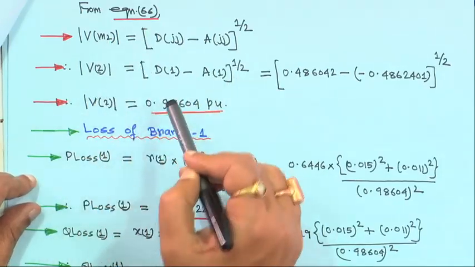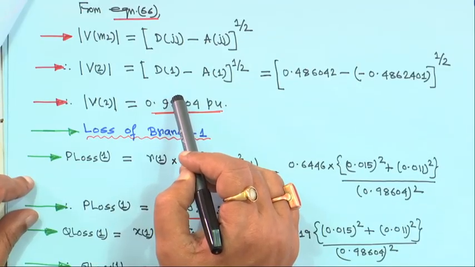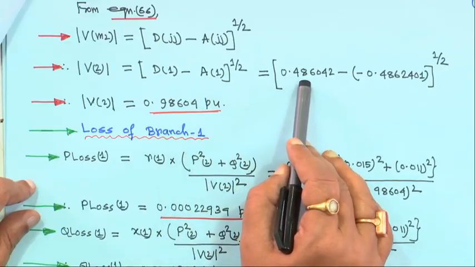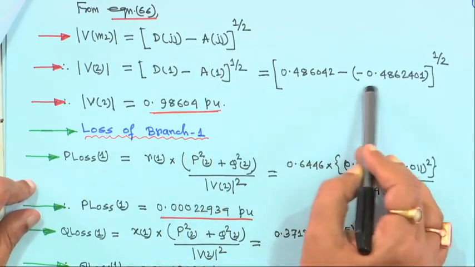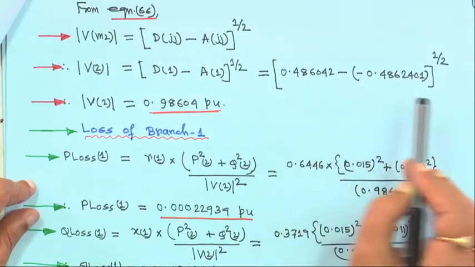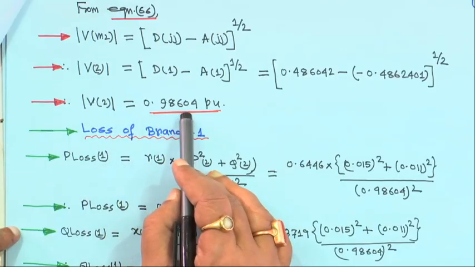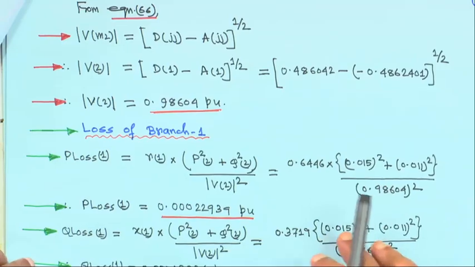This is continuing for jj is equal to 1, branch number 1, m1 is equal to 1, m2 is equal to 2, right. So, you substitute there D1 is 0.486042 minus, and A1 is minus, in bracket it is minus 0.486240, so minus minus is plus actually, to the power half. If you simplify, magnitude of V2 will come 0.98604 per unit. So, magnitude of V2 is obtained.